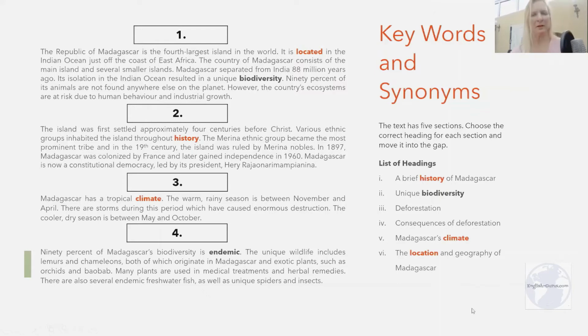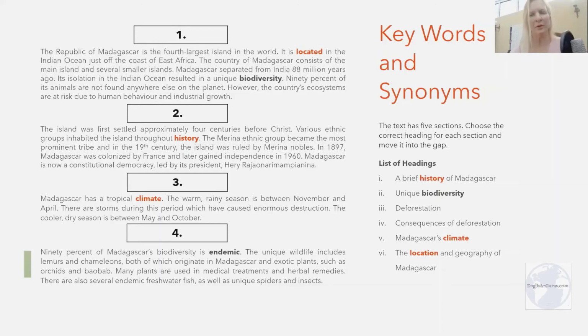Let's go back to the titles. Number 1, history. There's nothing about history. Biodiversity. Yes, that word appears. Deforestation. No. Consequences of deforestation. No. Climate. No, that doesn't appear in the text, either as a keyword or as a synonym.